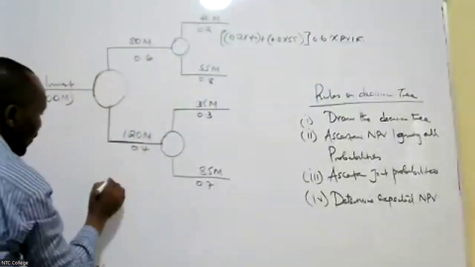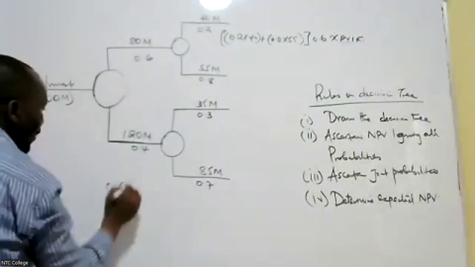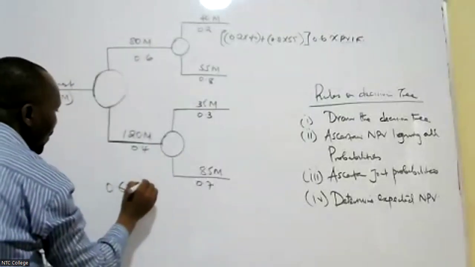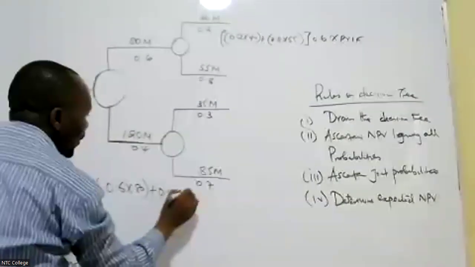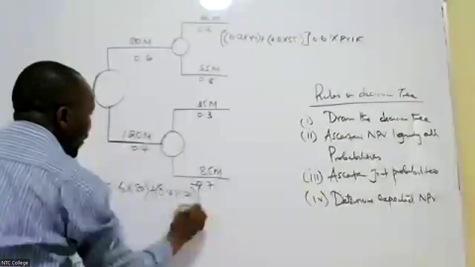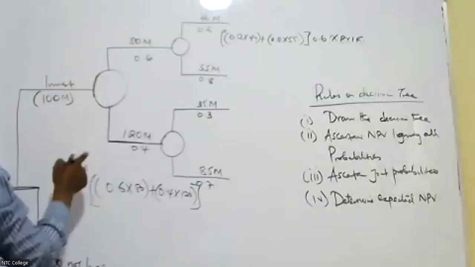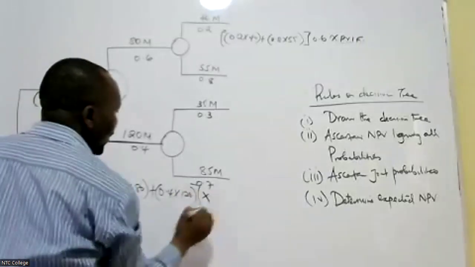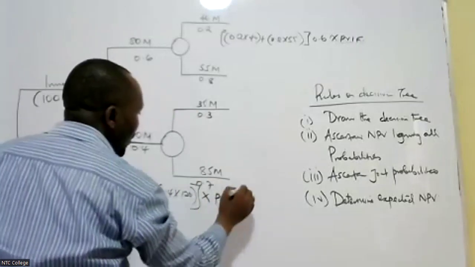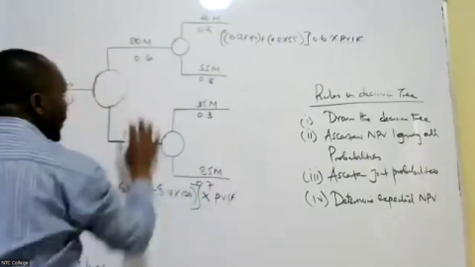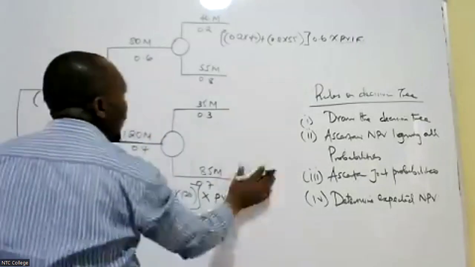Year 1, you'll have 0.6, this one, times 80 plus 0.4 times 120. Then all of them multiply with the PV factor for year 1, they don't have a probability, so just multiply with the PV for year 1. You will have the present value for all the items in year 1 plus the one for year 2, you add them.